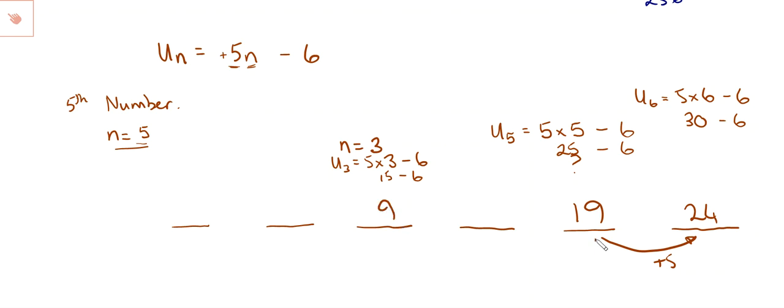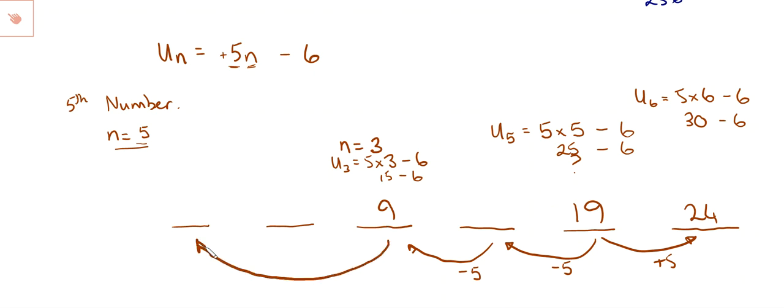The other option would have been to move backwards, and how do I move backwards? Subtract 5 from moving backwards. Twice. So that would be subtract 10, which is 19 to 9. So we could go now straight to the first term.